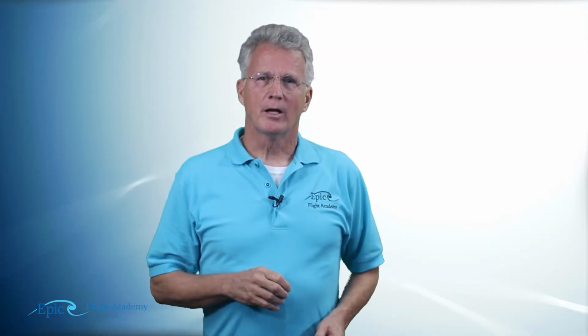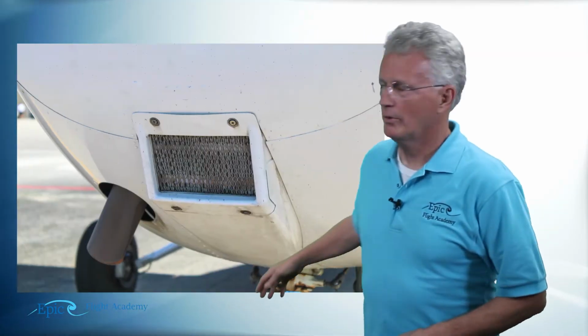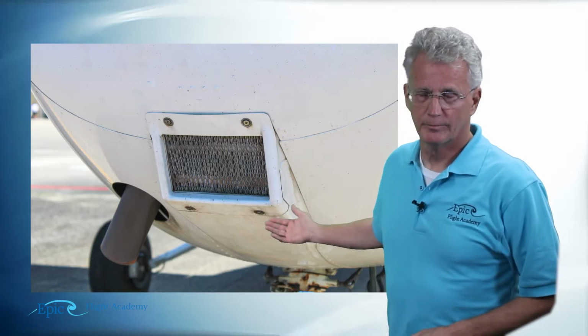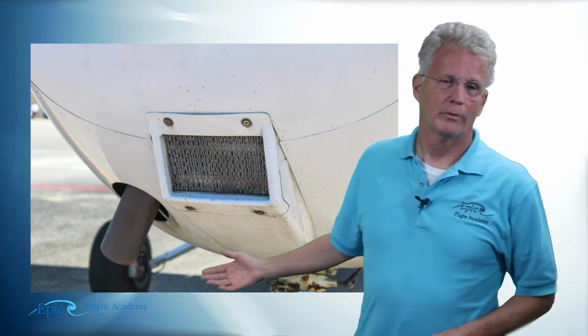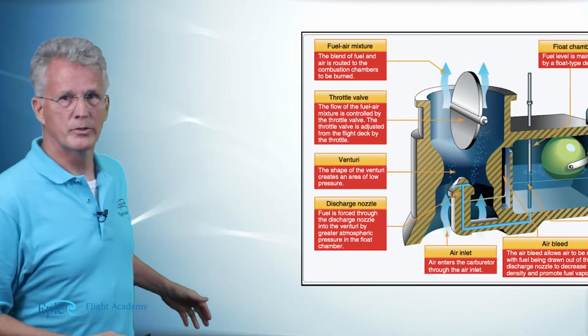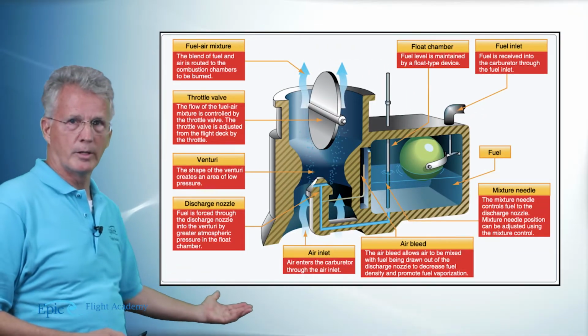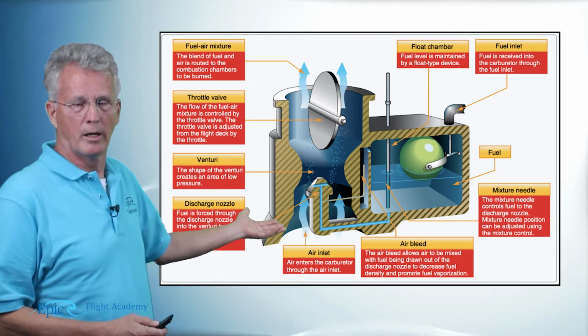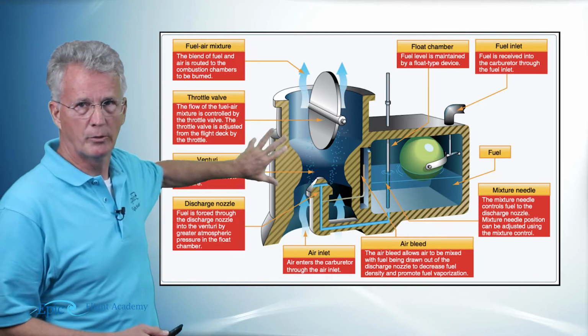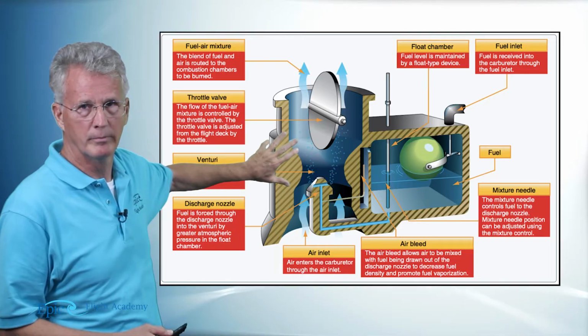The air that comes in through this air filter is routed to the carburetor. Here's a cross section of a carburetor. This is an updraft carburetor because on the bottom here you see these blue arrows moving up towards this big throttle plate right here.